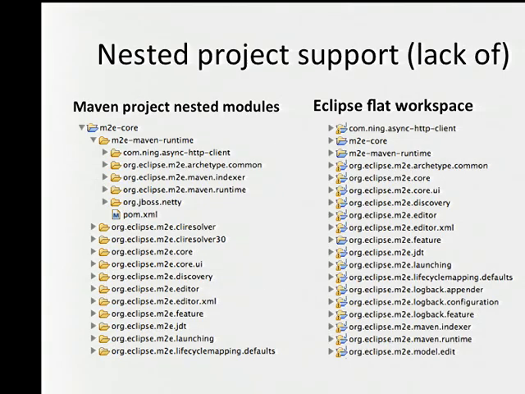Okay, so we have just a couple of minutes left. Nested project support: there is no proper nested project support in Eclipse. Whenever you try to map a non-trivial Maven project into the workspace, instead of getting the nice nested directory structure you expect, you get a flat list of workspace projects, and the same resources are often present in multiple places, which confuses team providers, and the workspace is very hard to navigate.